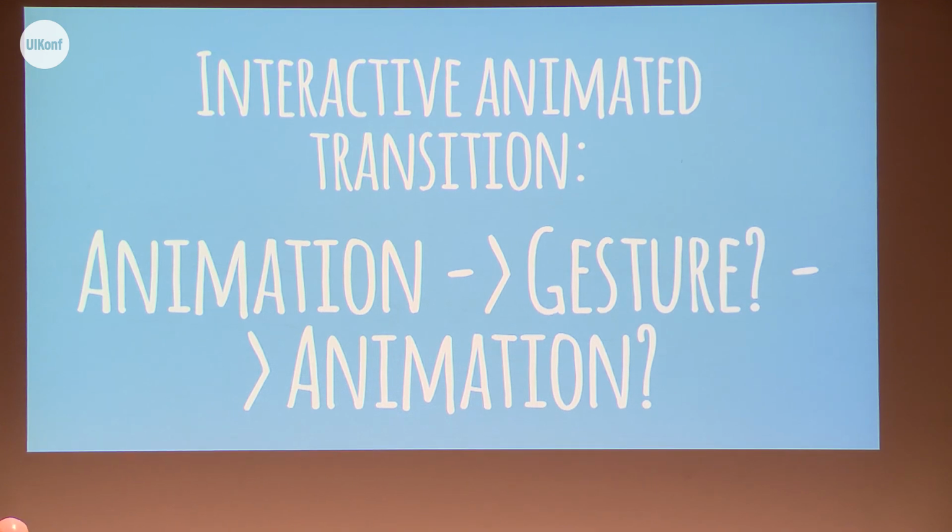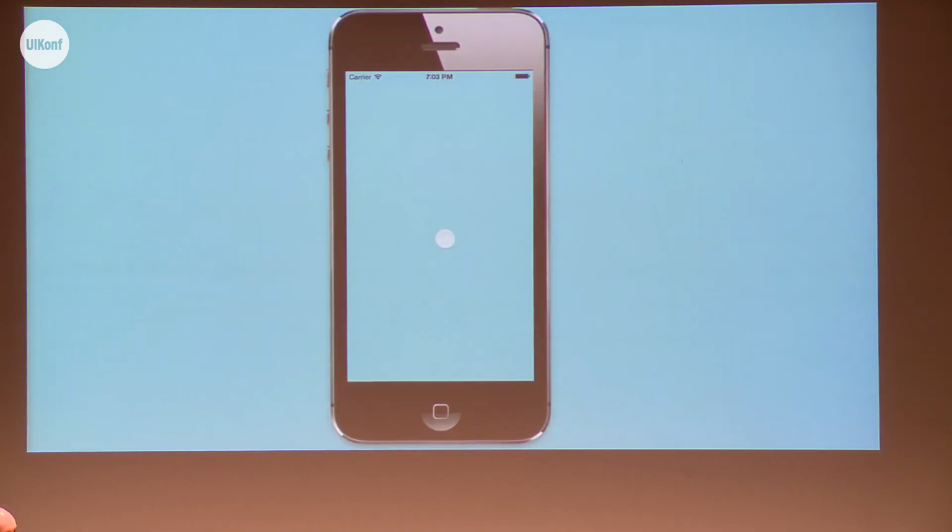So interactive animated transitions start with an animation, then maybe there's a gesture at some point, and if there is a gesture at some point, then it'll finish with an animation. So that would look something like this. All right, that works. And then that works. And then we can cancel it too if we didn't want to keep going, right?